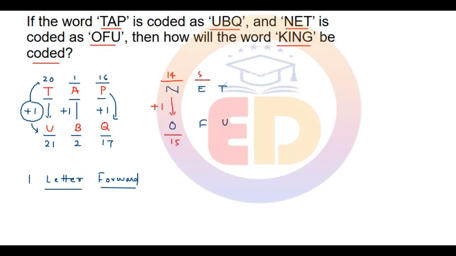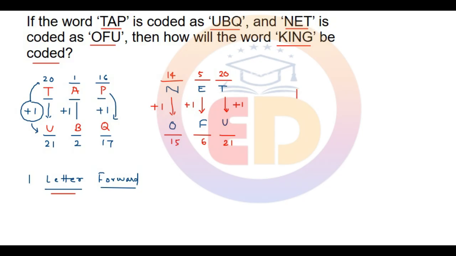E is numbered 5, is coded as alphabet F, which is numbered 6, so we have moved one letter ahead. T is numbered 20, U is numbered 21, so we have moved one letter forward, so it is also +1. So now we understand that the codes are found by moving one letter forward from the original letters.